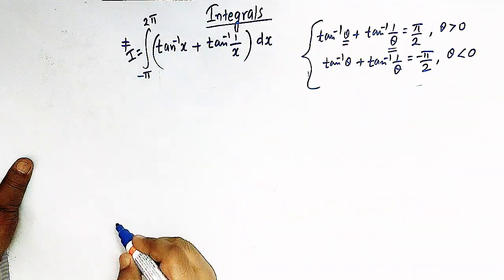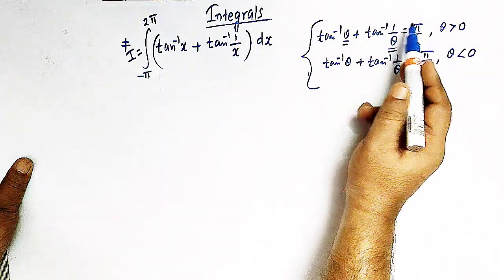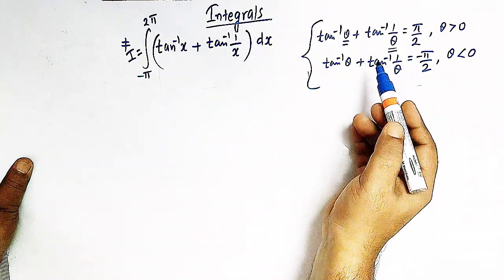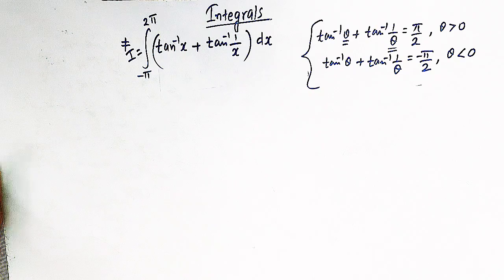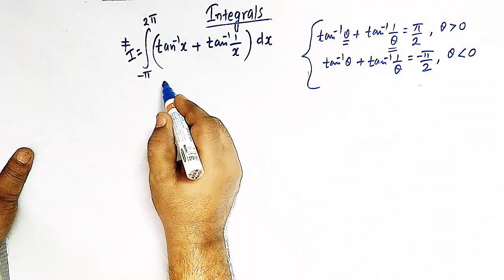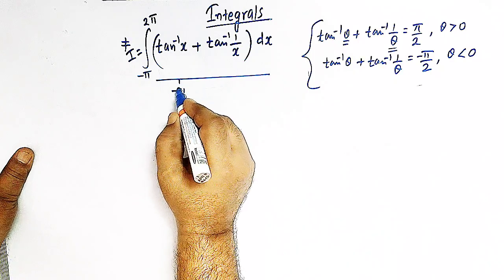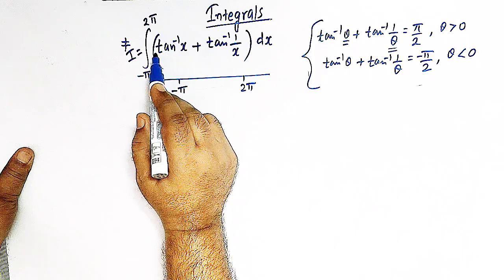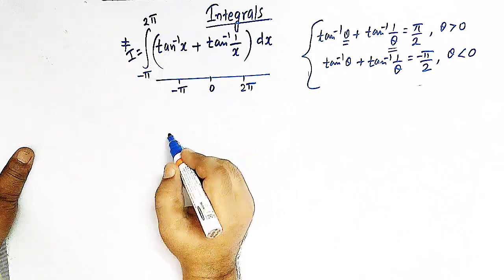So let us call this integral as I, right? So here we are not going to prove this property, rather we'll use directly this property to find out the value of this integral. So here the limits of integration are from minus pi to 2 pi, right? So let us break this integral at the point 0, right?